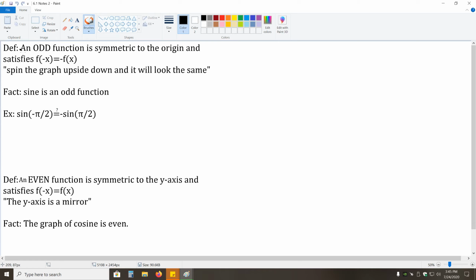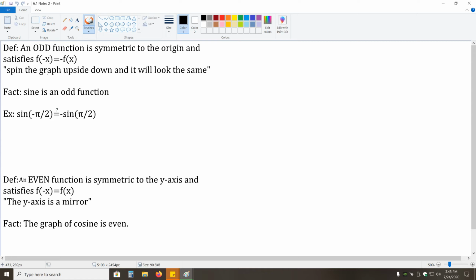First of all, we say that sine, sorry, I'm getting a little bit ahead of myself. Let me start with this definition here that says an odd function is symmetric to the origin and satisfies f of -x equals -f of x.